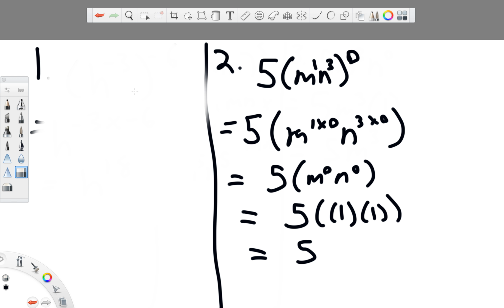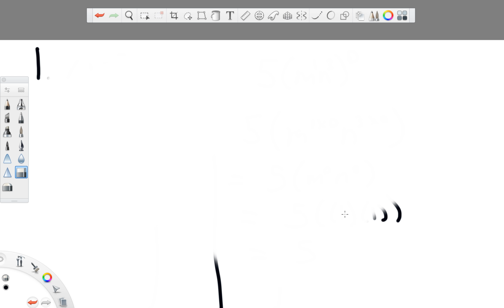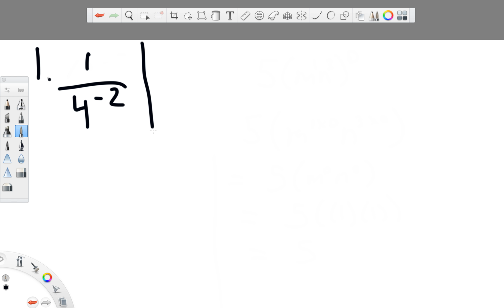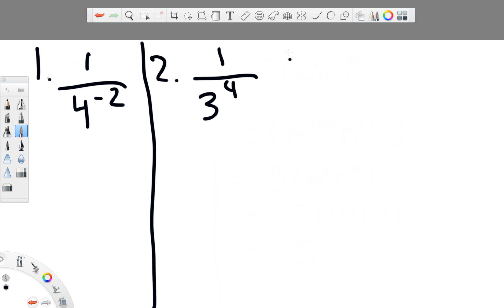Okay, now we're going to get a little more advanced. Okay, let's try 1 over 4 to the power negative 2. Second question will be 1 over 3 to the power 4.